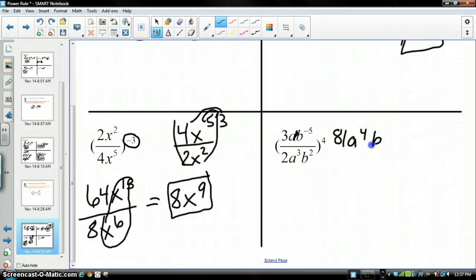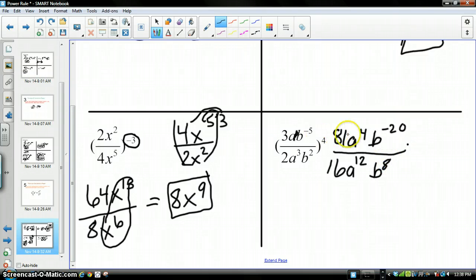And we have b to the negative 5 times 4, which is negative 20. And the 4 needs to be distributed here on the bottom. So 2 to the 4th is 16. A to the 3 times 4 is 12. And b to the 2 times 4 is 8.